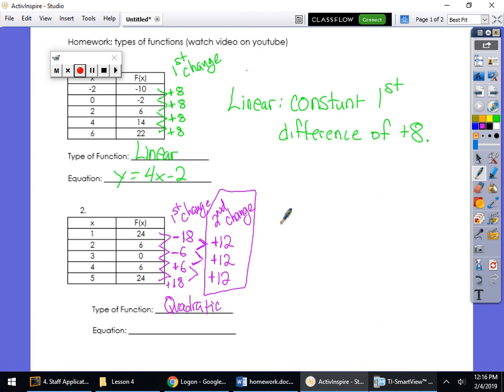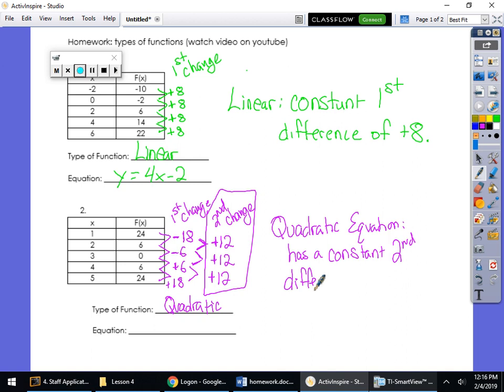What we know about a quadratic equation is it has a constant second difference. Linear was a first difference, quadratic is a second difference, and this one is adding by 12.